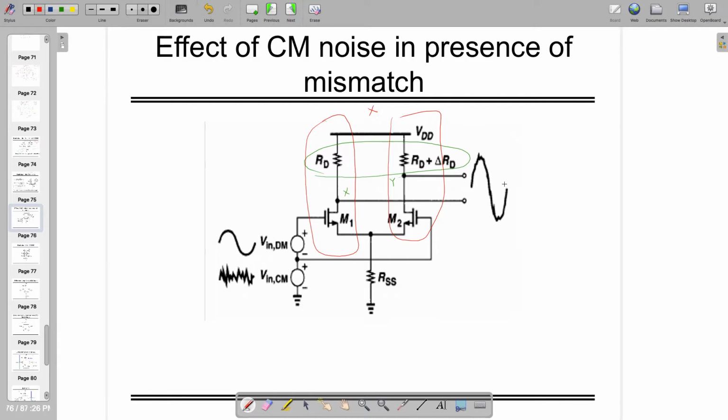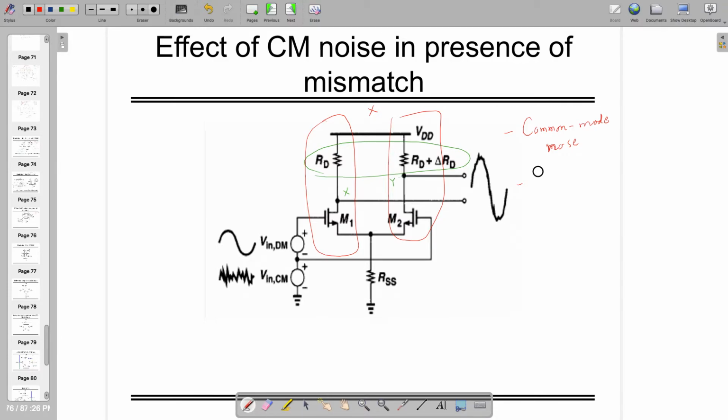And that's how, when there is a mismatch, there is some common mode noise because they are not identical. And as both sides are not equal, in the case of M1 and M2, the differential one will also not have the same amplitude.